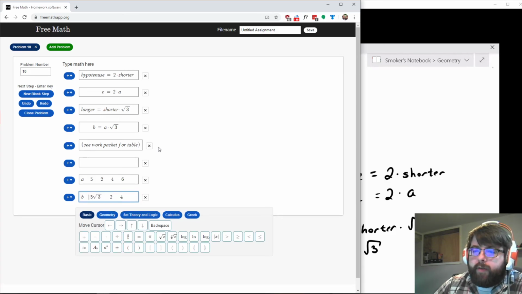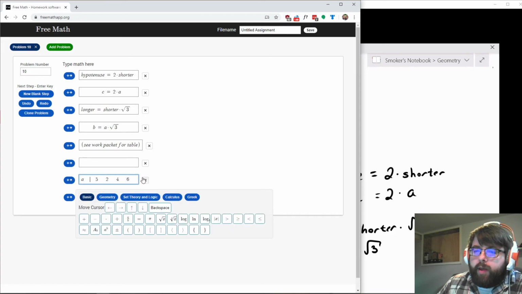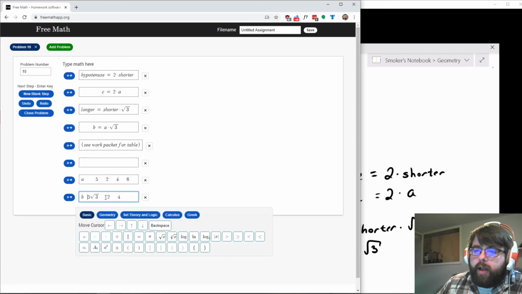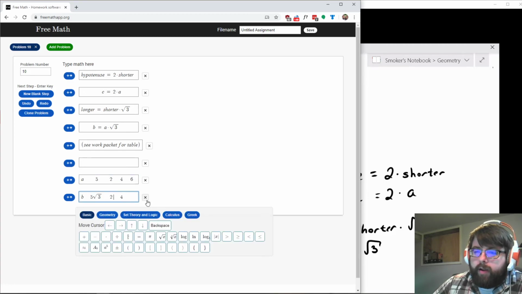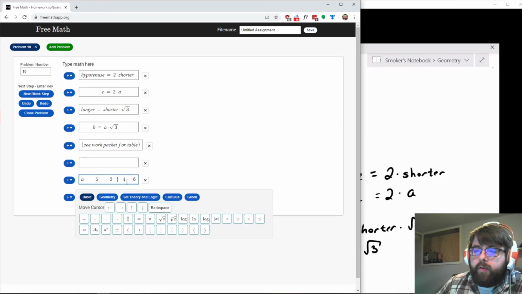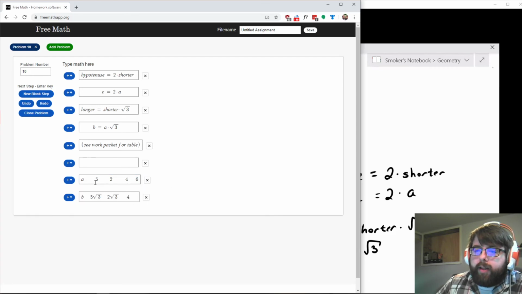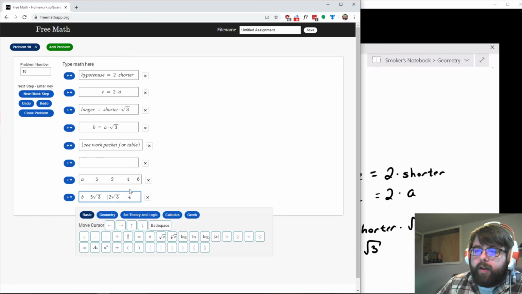So you see how that pushes everything. So I'm going to delete some spaces, or I might need to go up here and add some space to make it line up well. Okay, so I'm going to add some space to that, delete some space here. 2 square root 3. Okay, so now I need to put some more space here. Make sure aesthetically it looks good. So that's another way you could do it.